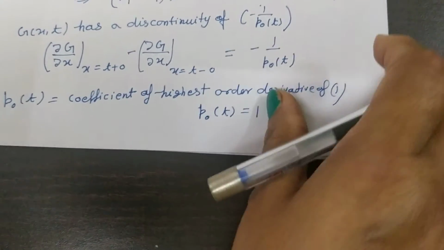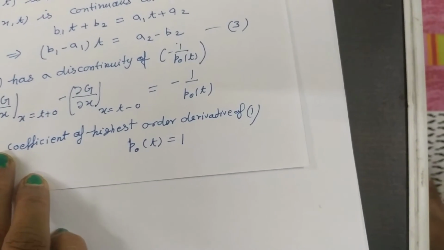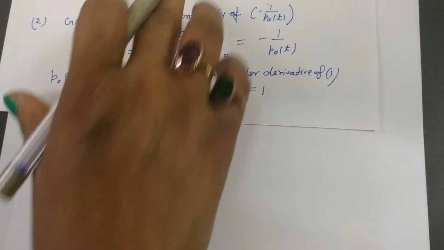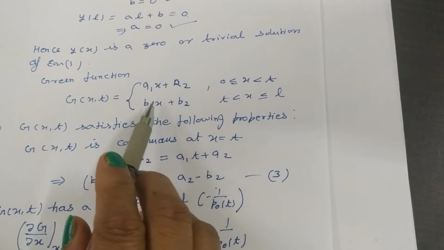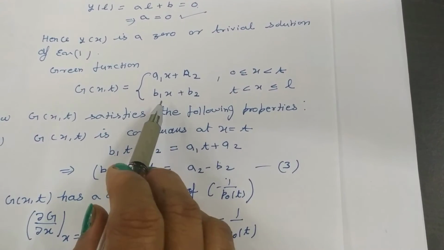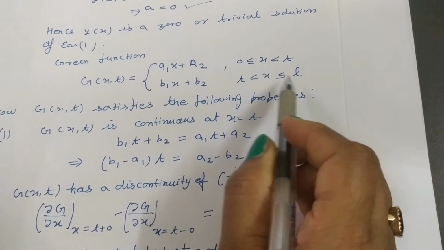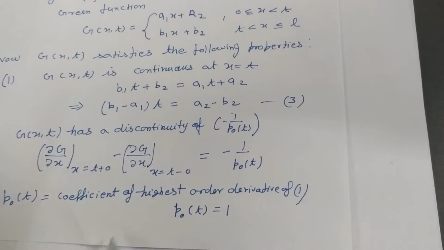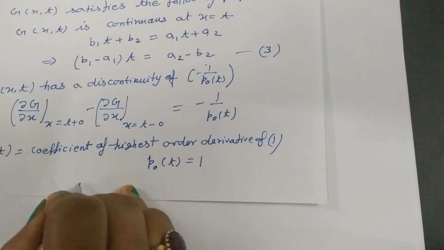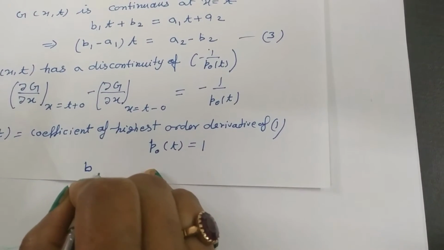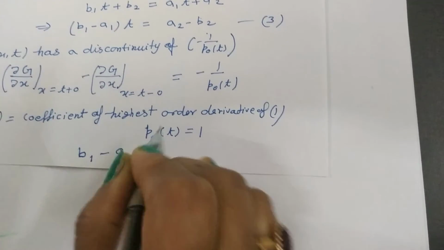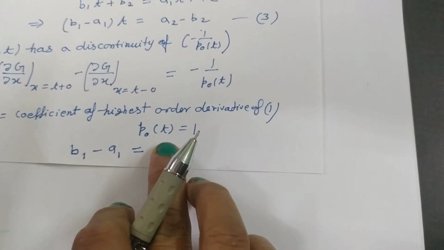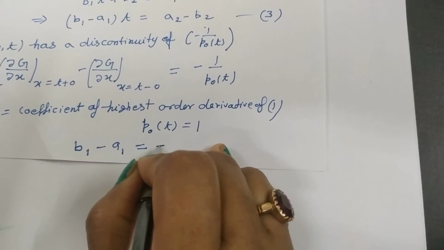So this term can be written as del G by del x at t plus 0, differentiating a1x plus a2 and b1x plus b2 on the respective intervals, from 0 to t and from t to L. Differentiating these, we get b1 minus a1 equal to minus 1 by p naught of t, that is, minus 1.